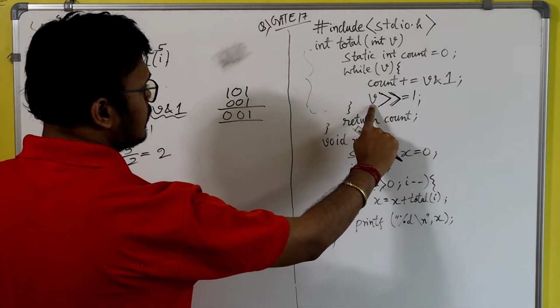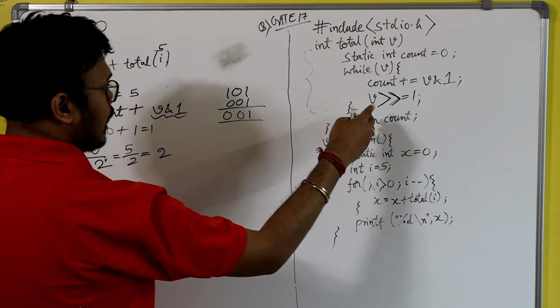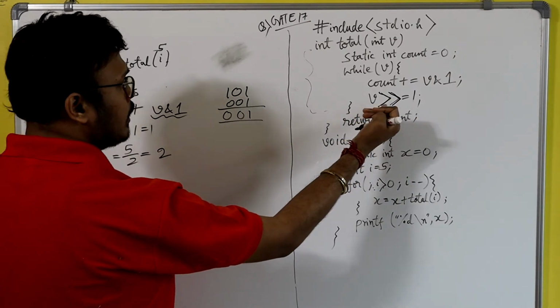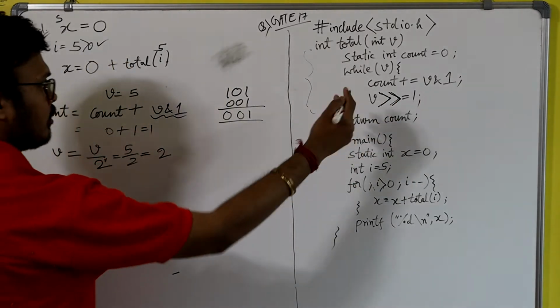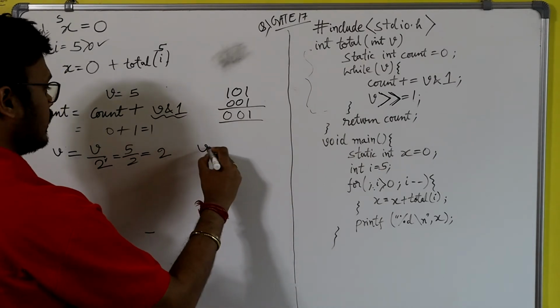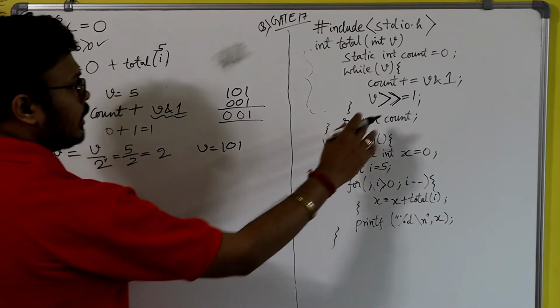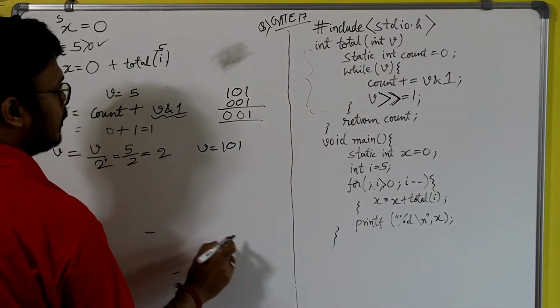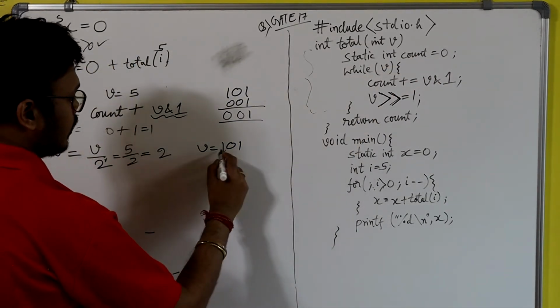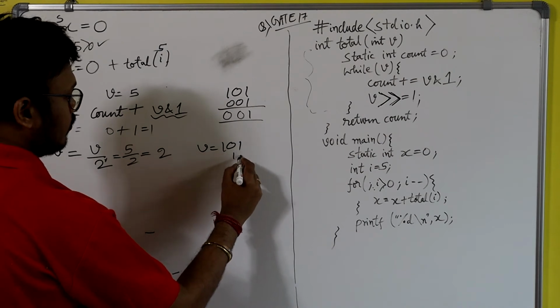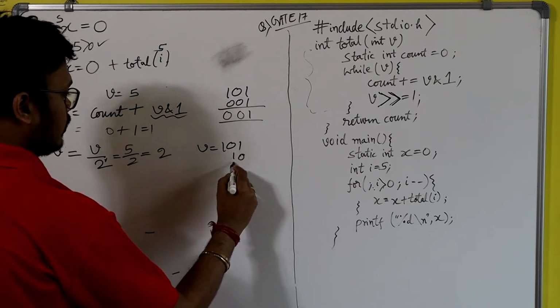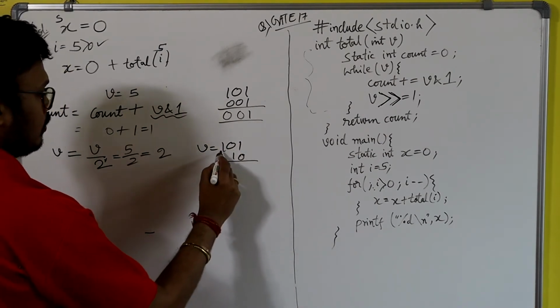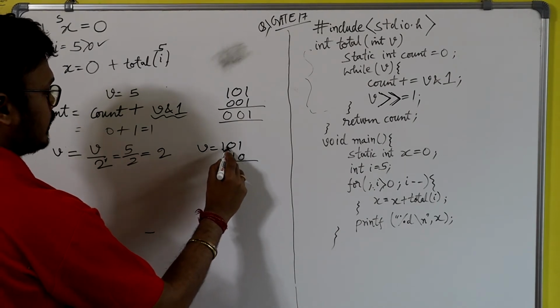Also, I will show you with this method how the right shift operator works. Here you see v is equal to 101. Here we have to do right shift by 1 bit. Right shift means this 1 will come here, this 0 will come here.